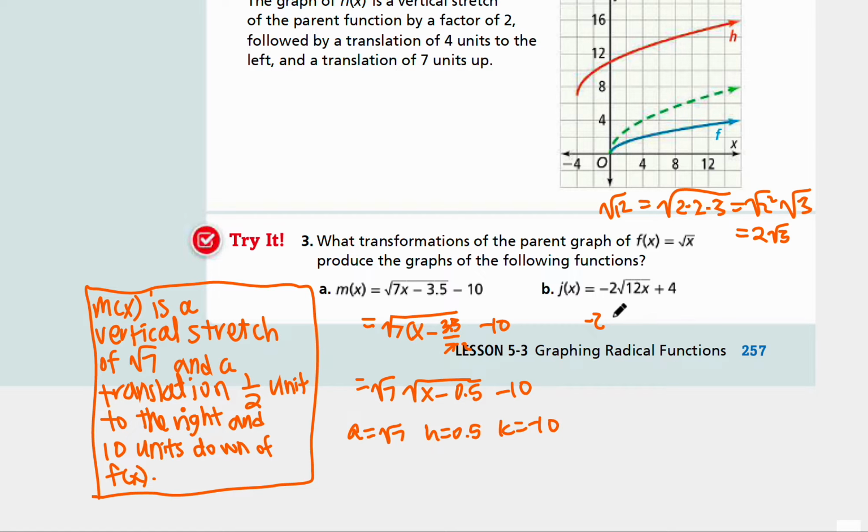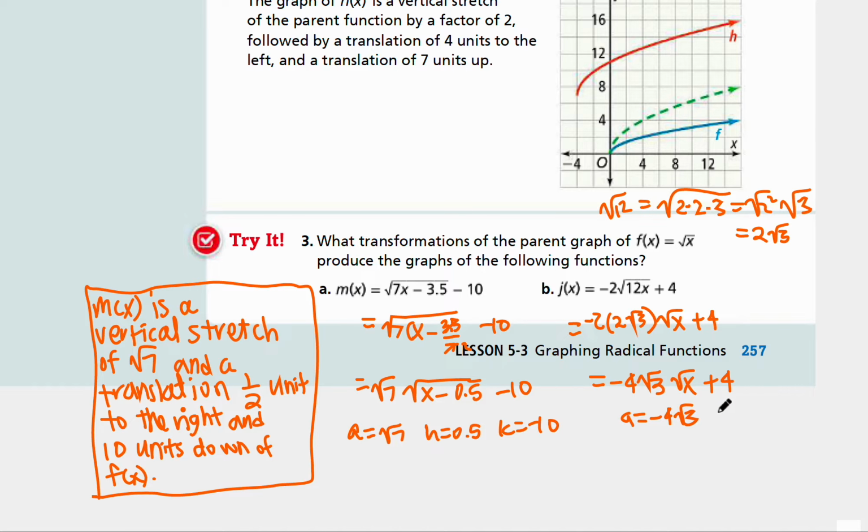Then you have root x, and you can simplify the constant. That's going to be root 4 root 3, and then you have root x. I don't want to combine the roots, because that's just going to be A, and your A could be in different forms, as long as it's a real number. So A is negative 4 root 3.